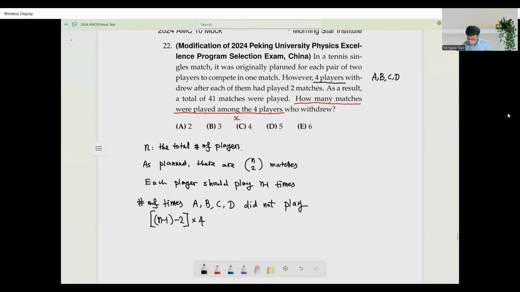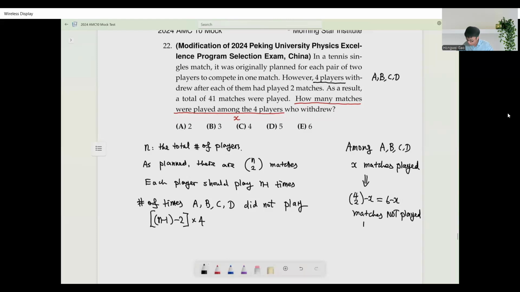And among A, B, C, D, they played X matches. So as planned, they are supposed to play 4 choose 2 equals 6 matches. Now they played X matches. That implies 4 choose 2 minus X, which is 6 minus X matches not played.